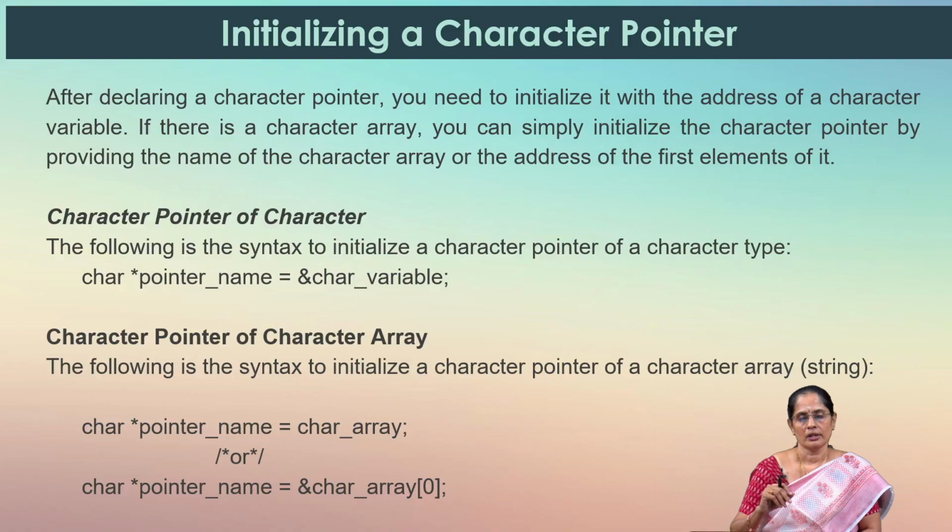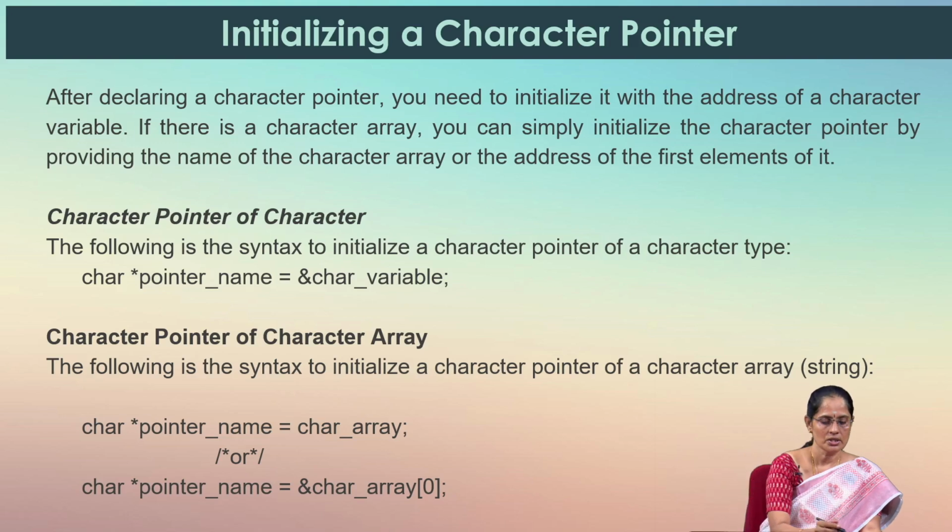Initializing a character pointer: how are we going to initialize it? After declaring a character pointer, we need to store values into the character pointer, which is going to be the address of a character type variable. If it is a character array, we can simply initialize a character pointer by providing the name of the character array or the address of the first element.